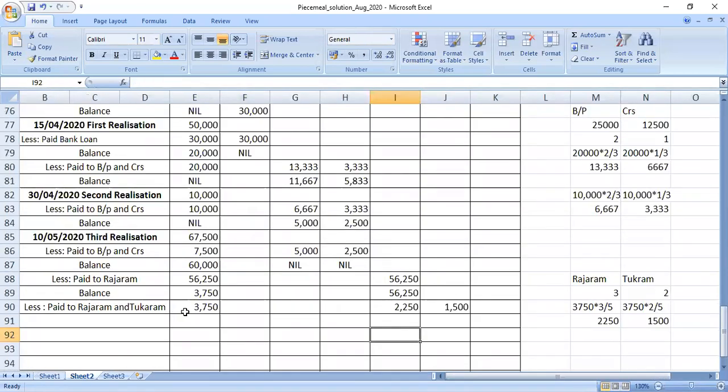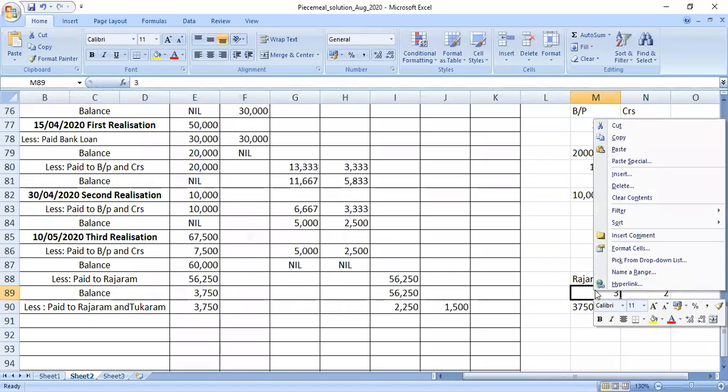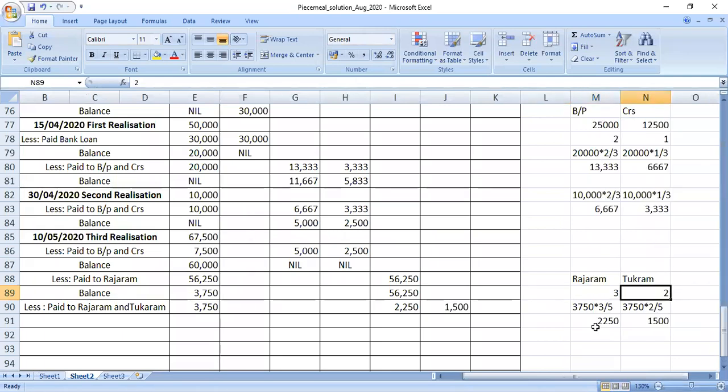Because we have a 3,750 balance, we considered the ratio of Rajaram and Tukaram, and on that basis we paid this 3,750 to Rajaram and Tukaram.